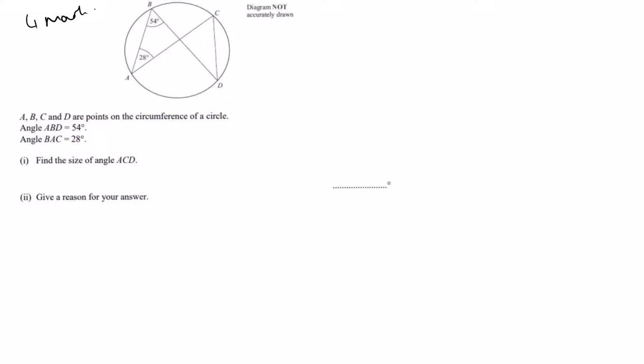So A, B, C and D are points on the circumference of a circle. Angle ABD is 54 degrees as marked, and BAC is 28 degrees as marked. We want to find the size of the angle ACD. So let's mark that on, ACD, which I'm going to call X, because that's our aim. And we also get marks for giving a reason for our answer.